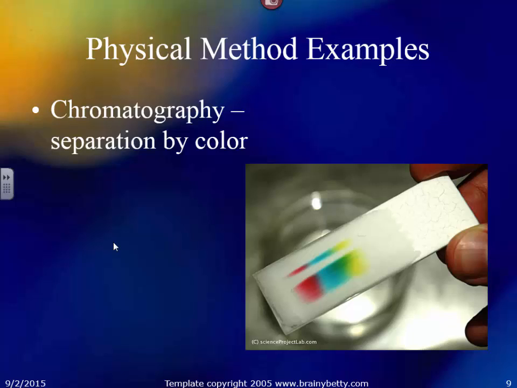Next one is chromatography. Chromatography is separation by color. Chromatography is often used to separate inks or pigments. So, for example, if any of you watch CSI, Law and Order, those detective kinds of shows, somebody always has to get murdered in those shows, right?